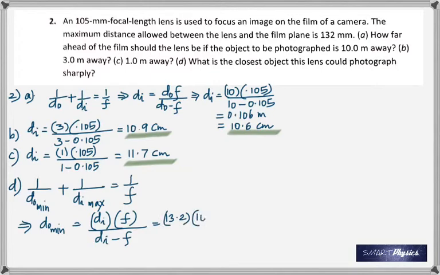Just 132 millimeters, 13.2 centimeters, and the focal length is 10.5 centimeters. Remember that all of these are in centimeters now. And you get 51.3. So if the object is closer than 51.3 centimeter, the picture cannot be taken using this camera.